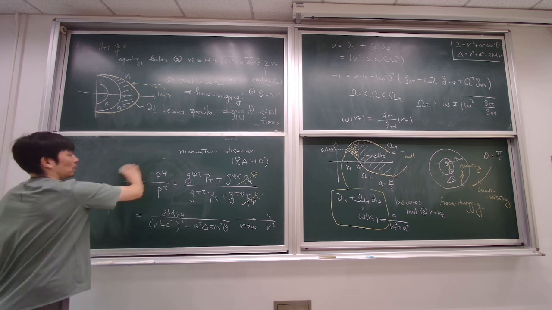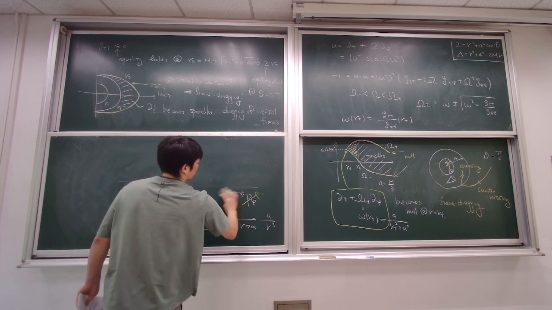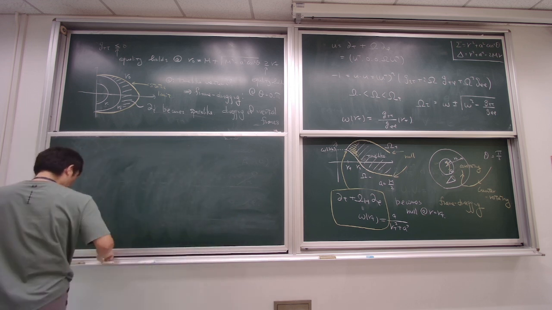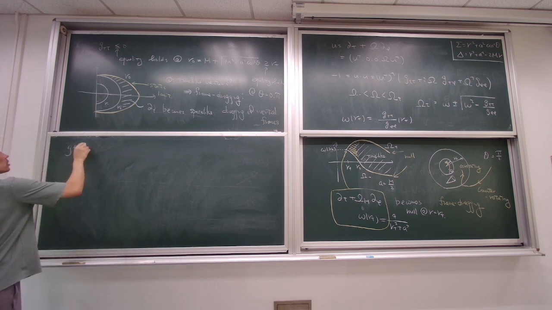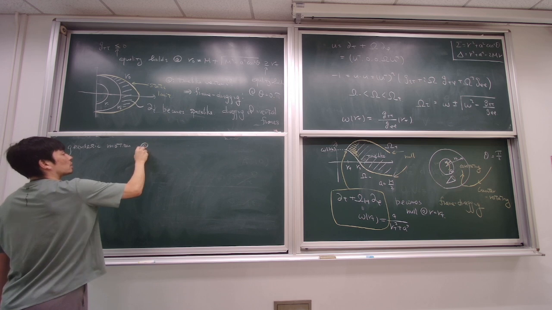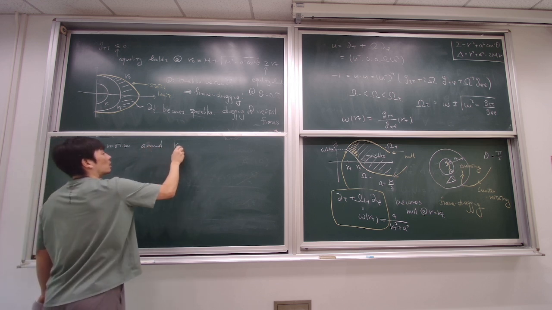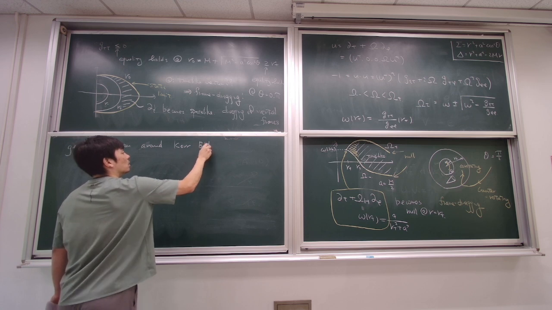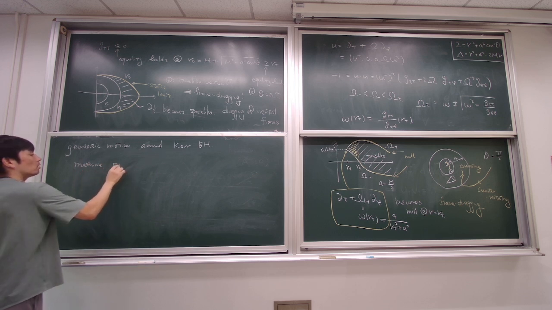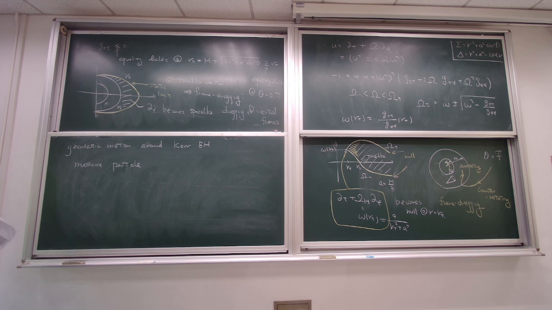So let's move on to the geodesic motion around the Kerr black hole. For the massive case, I'll be schematic. For a massive particle, the same thing.